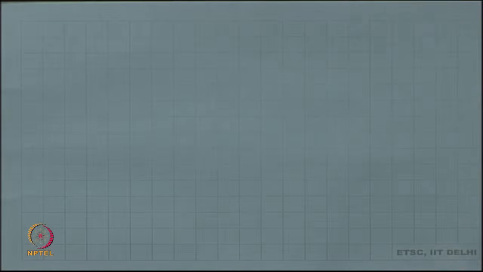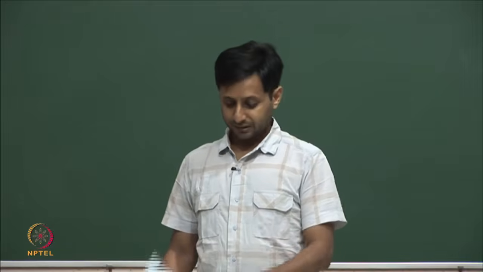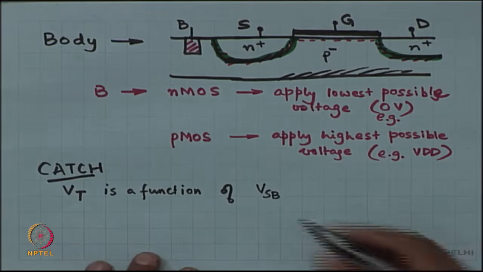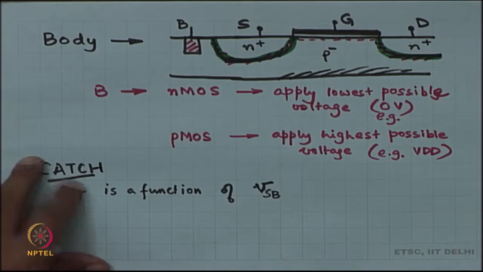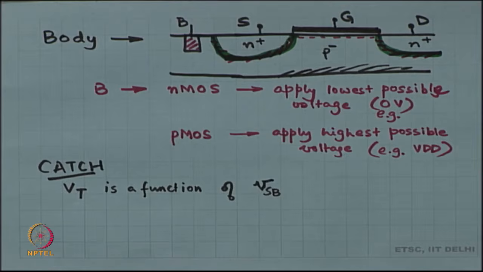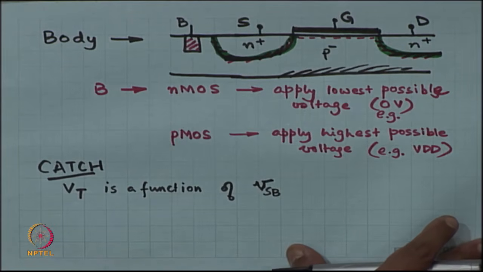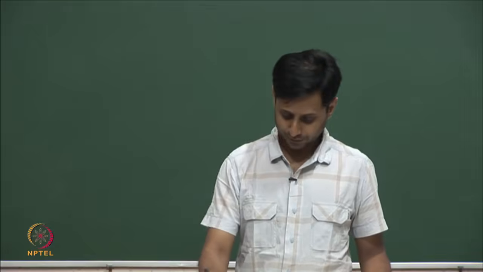Okay. So, while we are discussing the small signal model of the MOSFET, you have to be aware that Vt is a function of Vsb, the absolute Vsb, and likewise the source voltage, if it has some change, or let's say the body voltage has some incremental change.